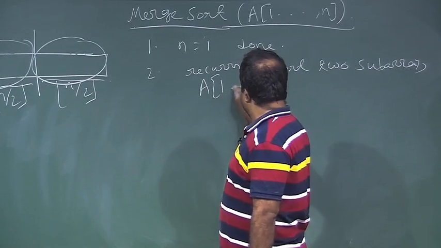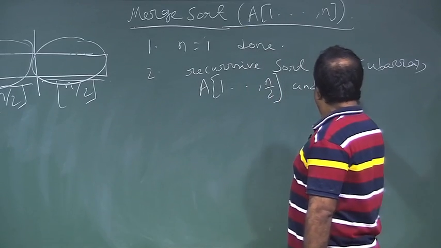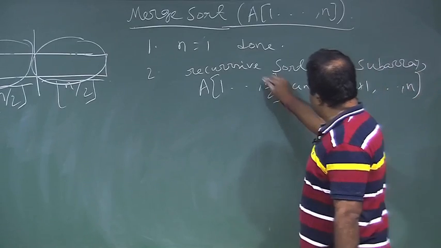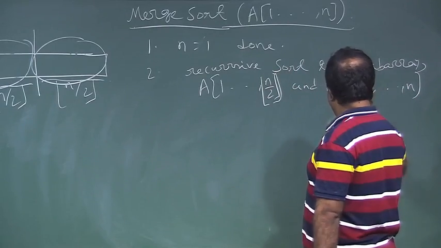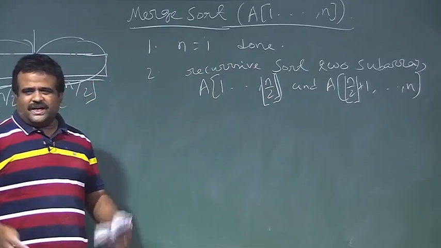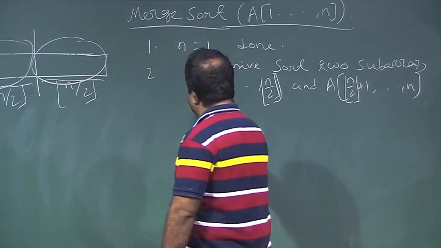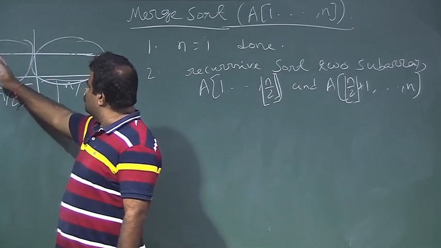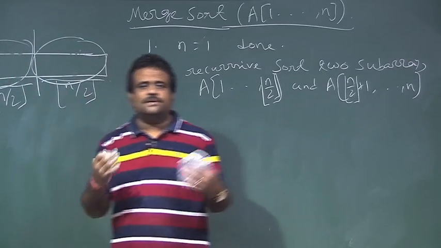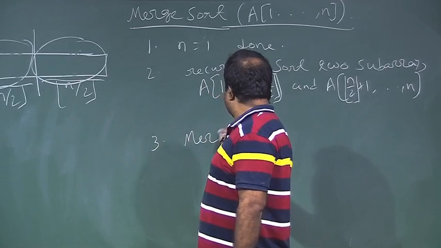One subarray is 1 to n by 2 and the other is n by 2 plus 1 to n. To be very precise, we must put a ceiling over here, because this may not always be an integer. But we are doing asymptotic analysis, so this is okay. We divide the array into two parts, we sort this subarray, we sort that subarray, then once we have the solution of these two subarrays, we call the merge subroutine.